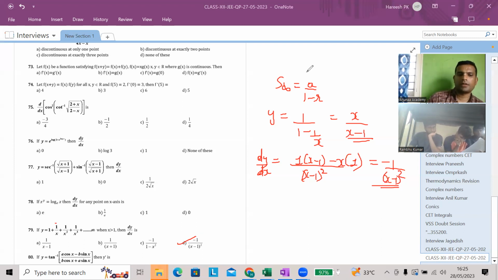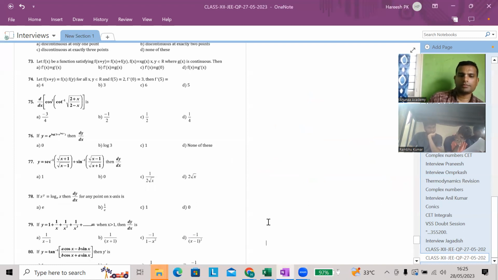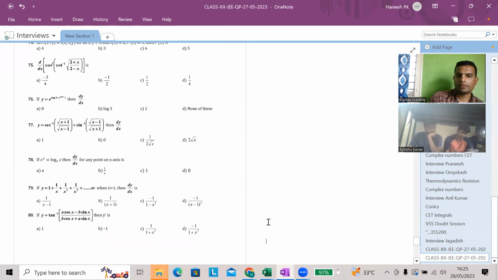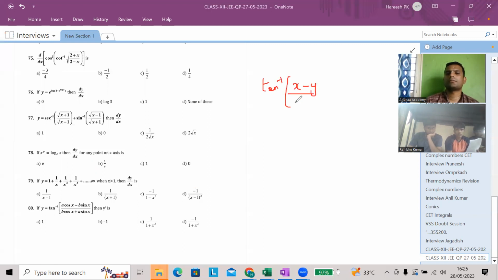We'll go to the next one. So next one is a learning for all of you. Whenever you have questions like this, tan inverse, okay? Can you tell me what is the formula for tan inverse? Tan inverse x plus tan inverse y.